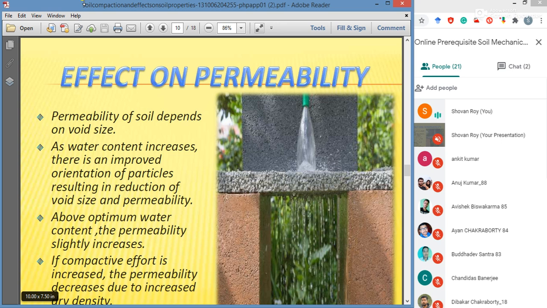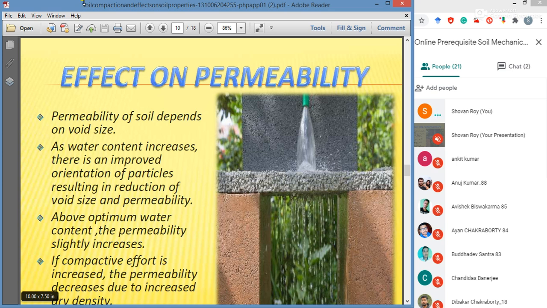The pores or voids in sandy soil are maximum. That's why they are more permeable than cohesive soil.